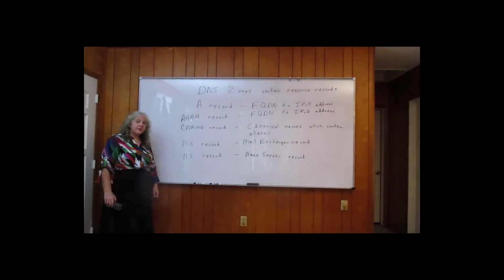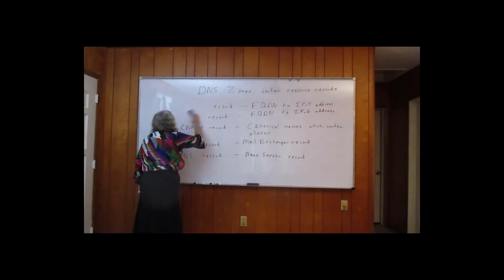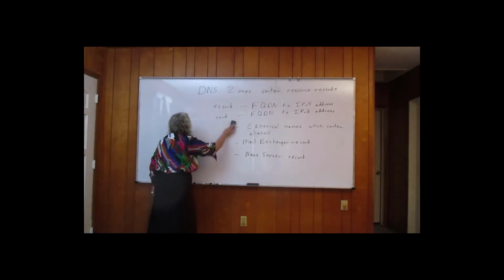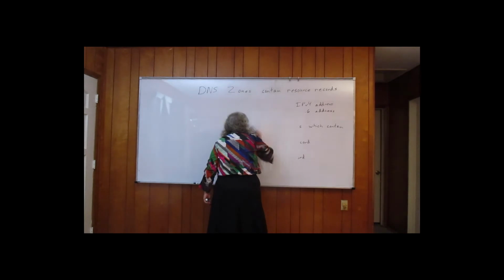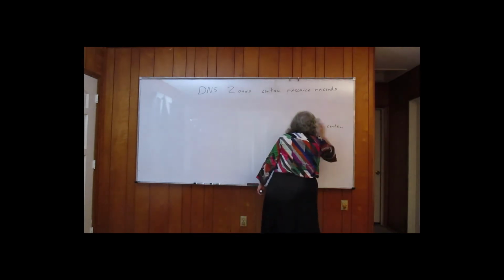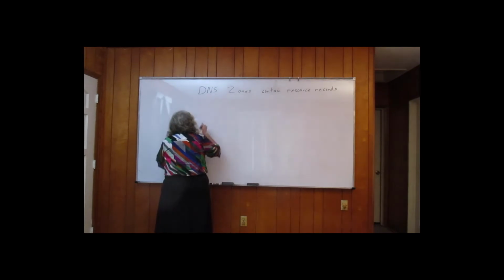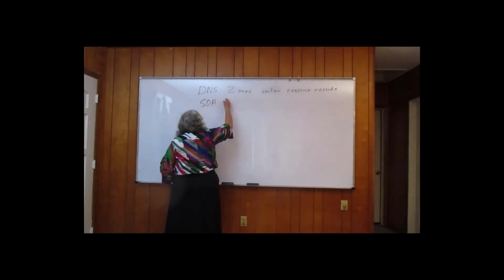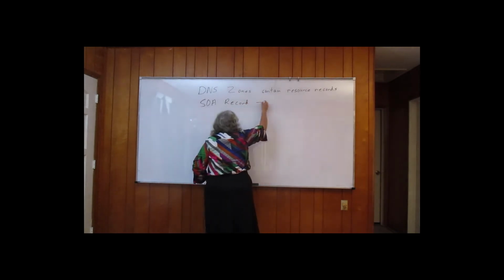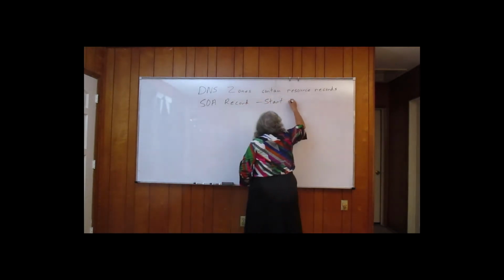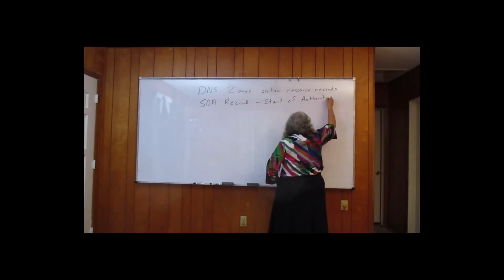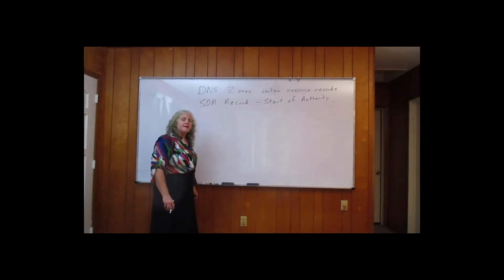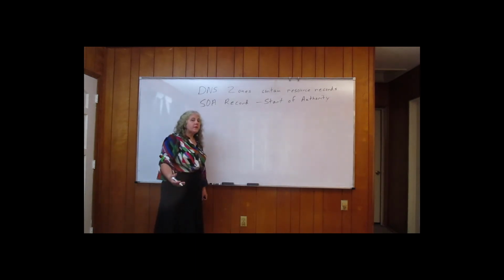Let's look next at the start of authority record. A start of authority record is created for every zone that you create.